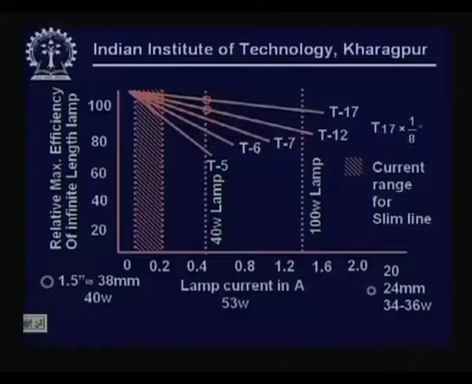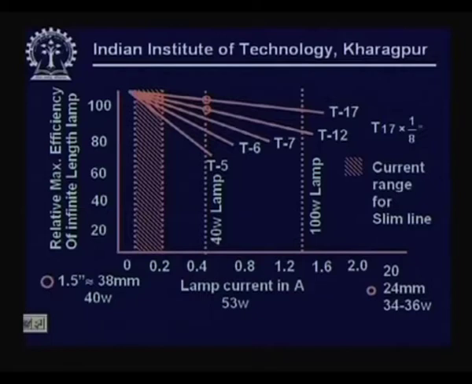The other thing is, you have slim lines, which typically have 24 mm diameter. 24 mm diameter would mean about an inch, and consuming around 34 to 36 watts. You do have certain high power lamps of the order of 53 watts.